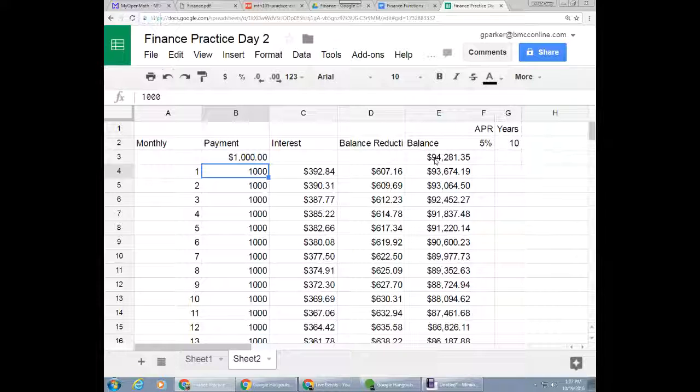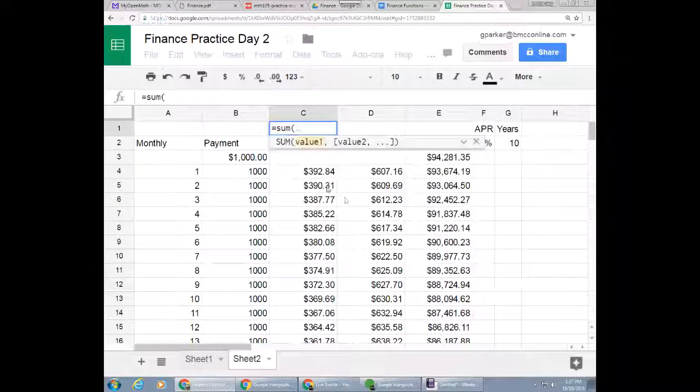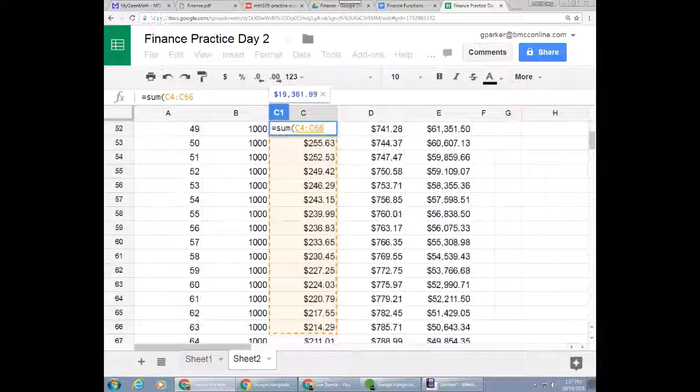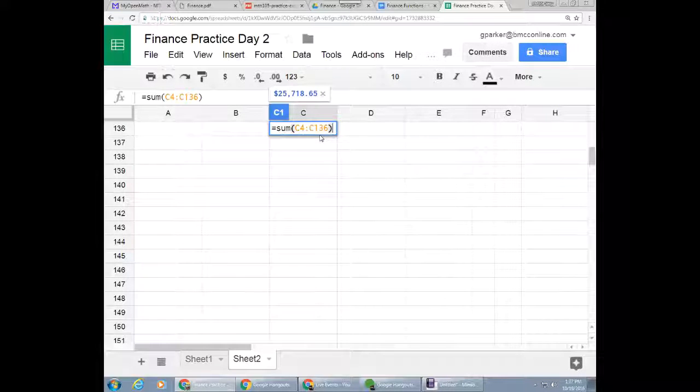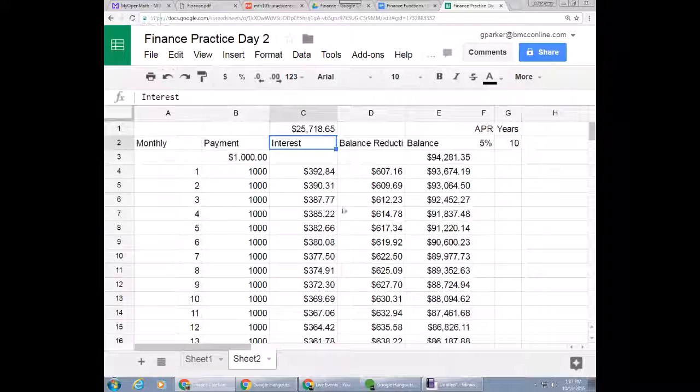Okay, so just some other things to double check. How much interest am I paying on this? Well, if I add the interest column up, that would be all of these numbers here. I'm going to pay $25,718.65 in interest alone.